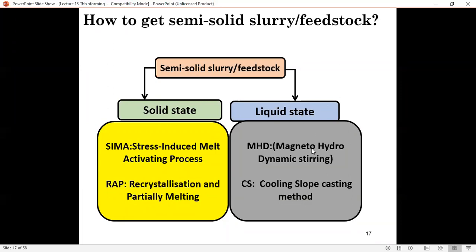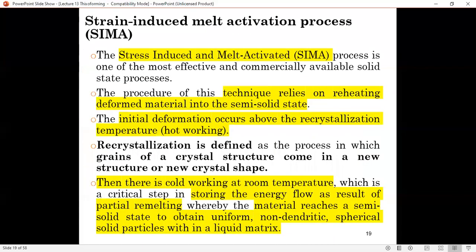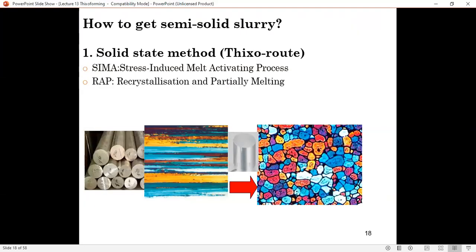If it's liquid state, then you use magnetohydrodynamic stirring methods or cooling slope casting methods. We're going to go through each process briefly. So there are two solid state methods, SIMA and also RAP.